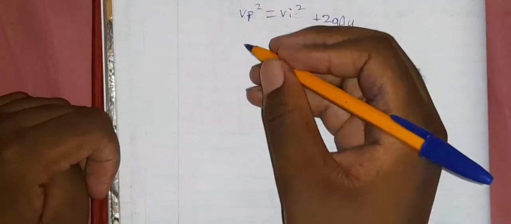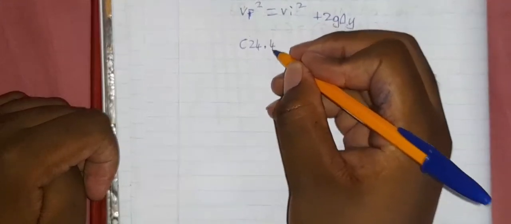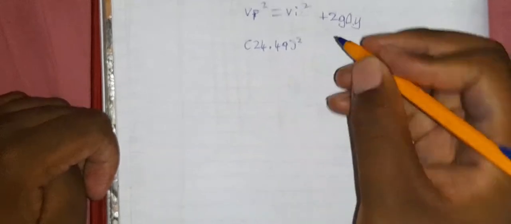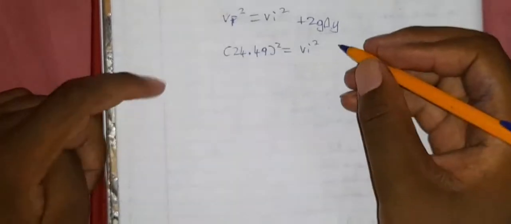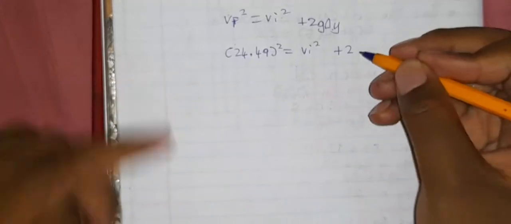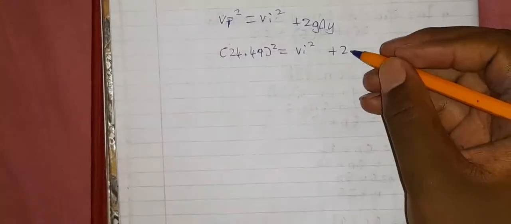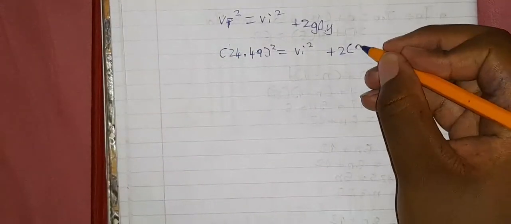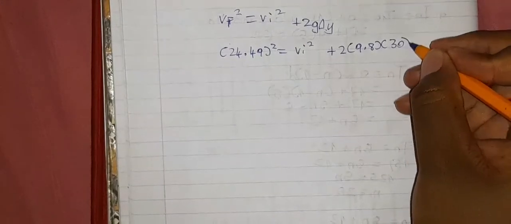So VF squared is 24.49 squared is equal to V initial squared, which is what we are looking for, plus 2. I choose downwards as positive, so gravity will be positive 9.8, and my displacement will be positive 8.